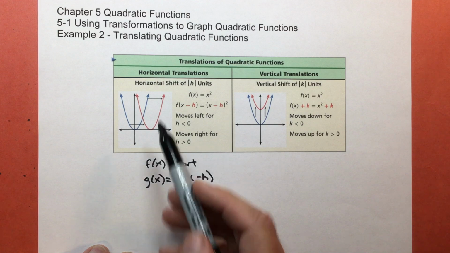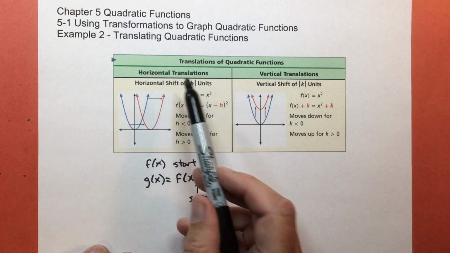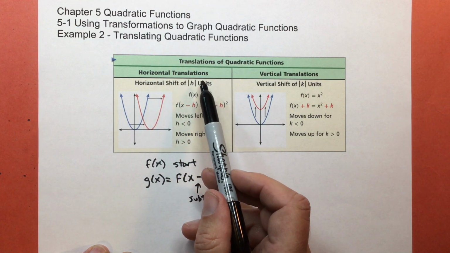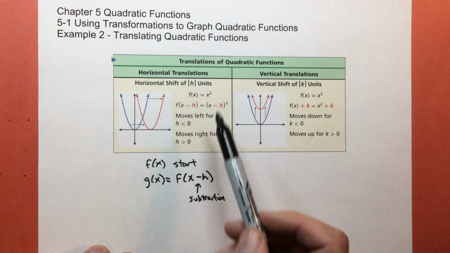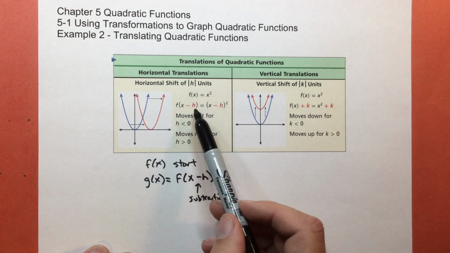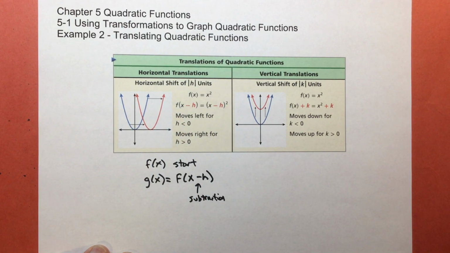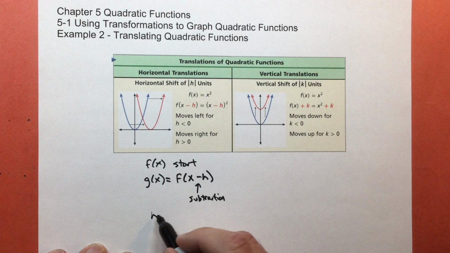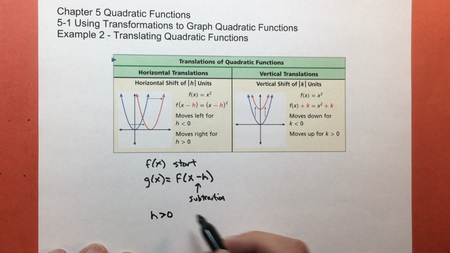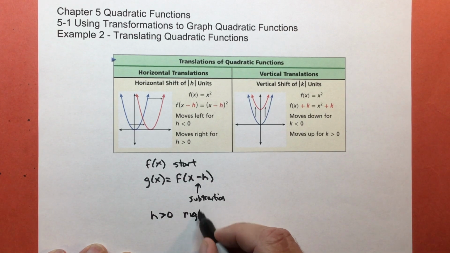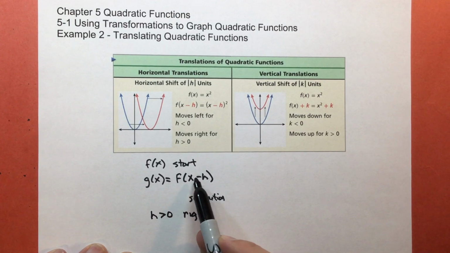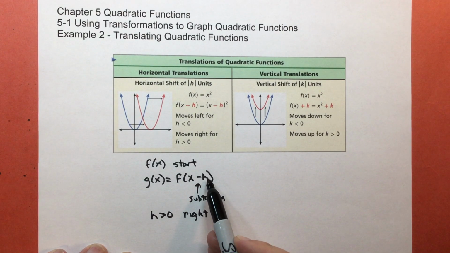When we deal with horizontal transformations, all of them, the reflections, stretches, compressions that'll come up in the next video, we replace the x with something, and it's usually backwards from what we would expect. So if we see that h is positive, it's going to go to the right, but you'll see x subtract a number.